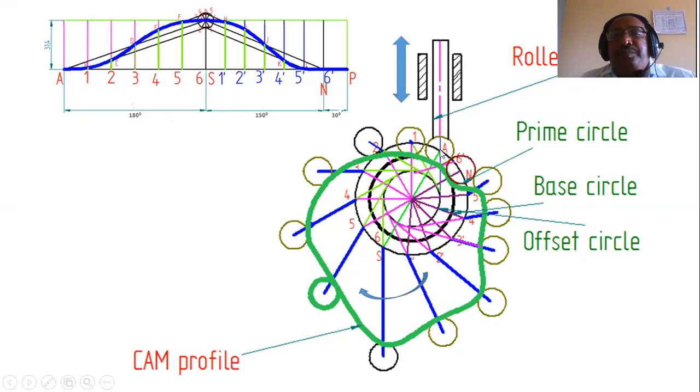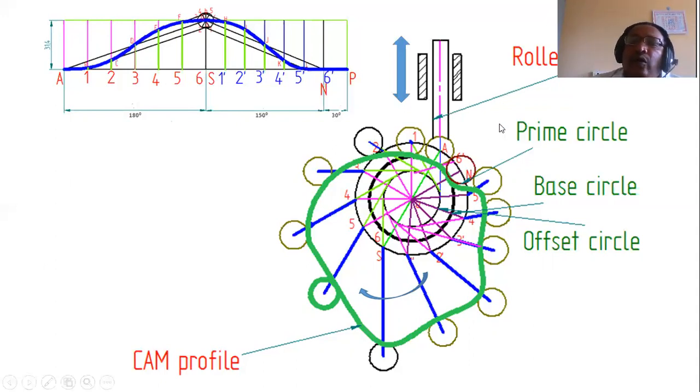Then with point A, take the radius of the roller and draw a circle, and draw a vertical line parallel to the center and complete this follower. After this, I draw the guide, with a slight gap, not this much, just a little bit of gap, and draw a guide.